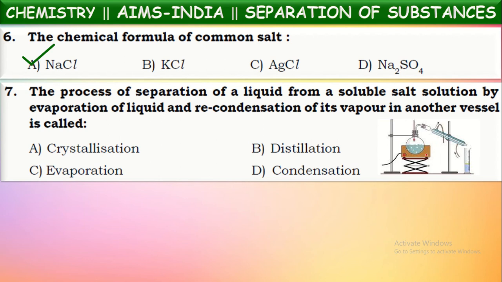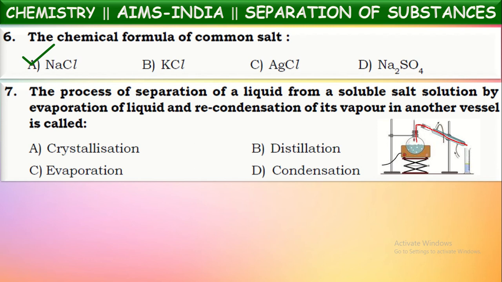So this is the equipment used for the distillation process. What do they do in this? They take a mixture of liquid and a dissolved solid, for example a salt solution. Salt dissolved in water cannot be separated by filtration. If you take this in this container and heat it, then the water slowly evaporates and is carried through this delivery tube.